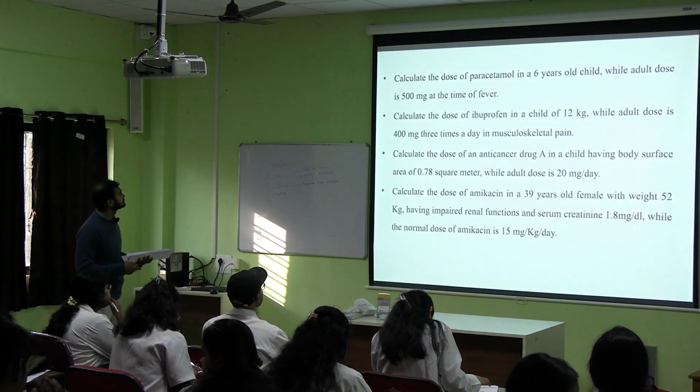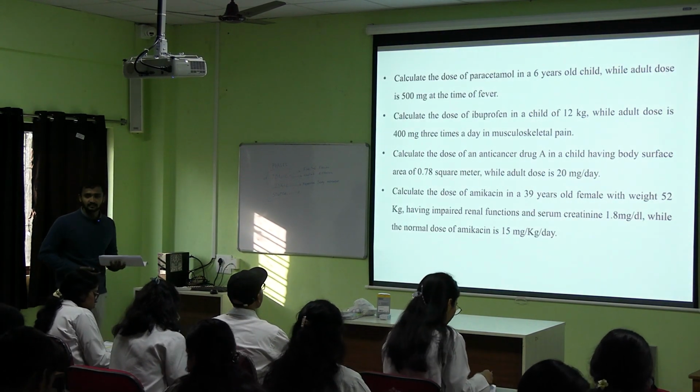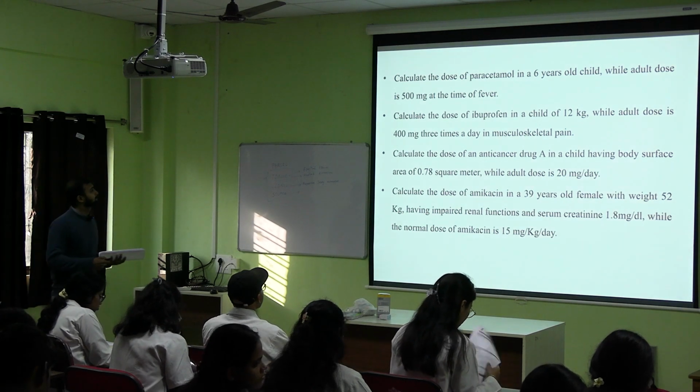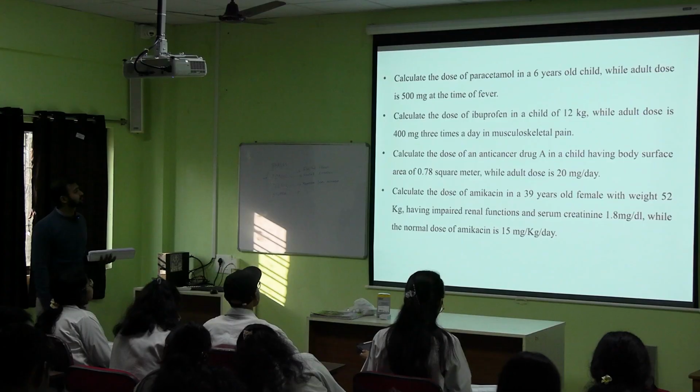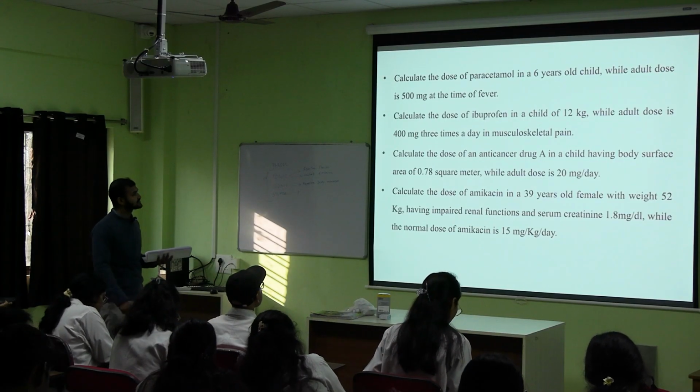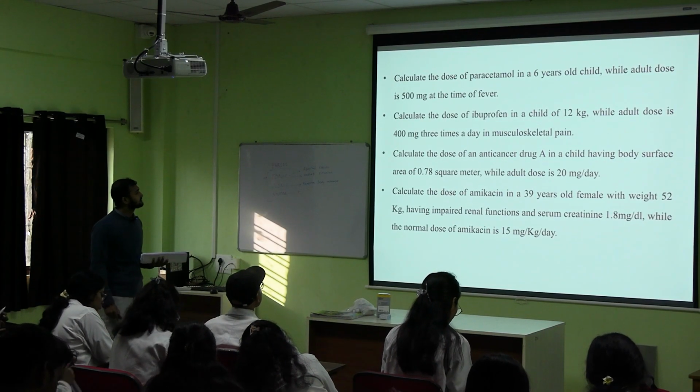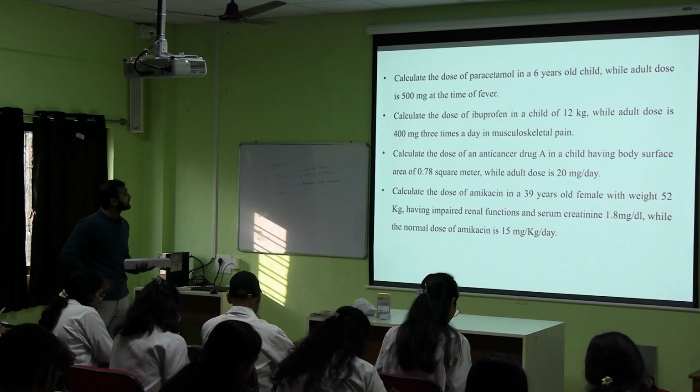So let us go to the other basic ones. Try to do the first one. Calculate the dose of paracetamol in a 6-year-old child, while the adult dose is 500 mg at the time of fever.